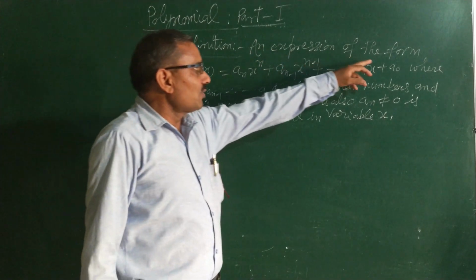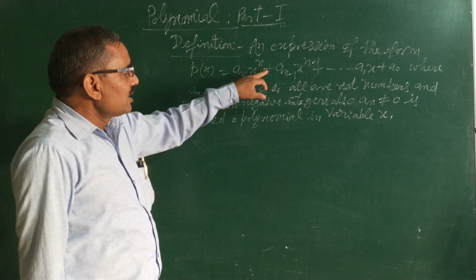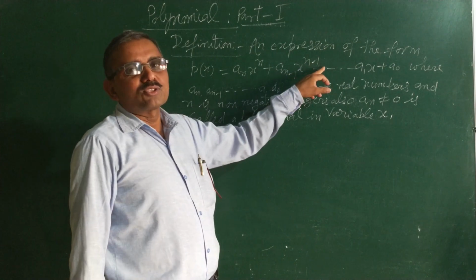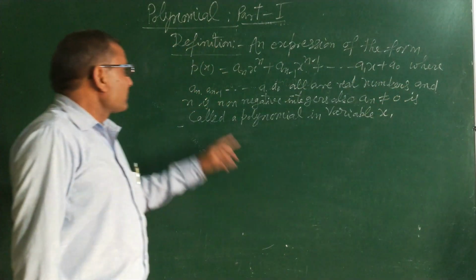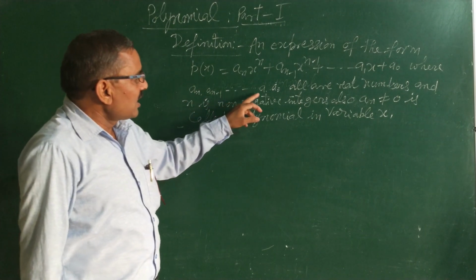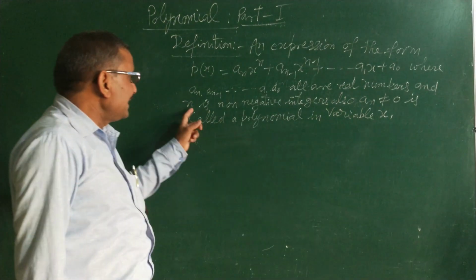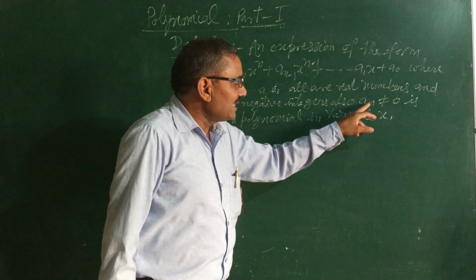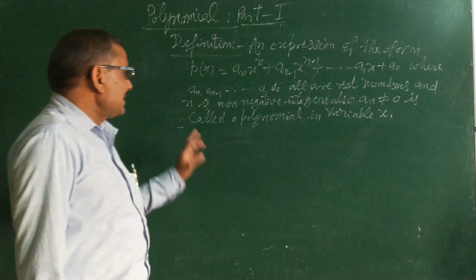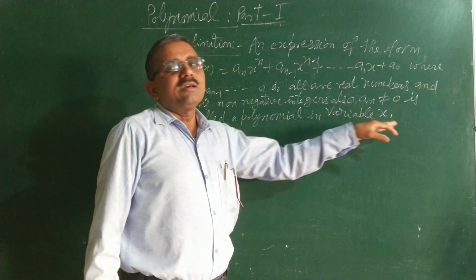An expression of the form p(x) that is equal to a_n x power n plus a_(n-1) x power n minus 1 plus up to so on a_1 x plus a_0, where a_(n-1) up to so on a_1, a_0 all are real numbers and n is a non-negative integer, and also a_n is not equal to 0, is called a polynomial in variable x.